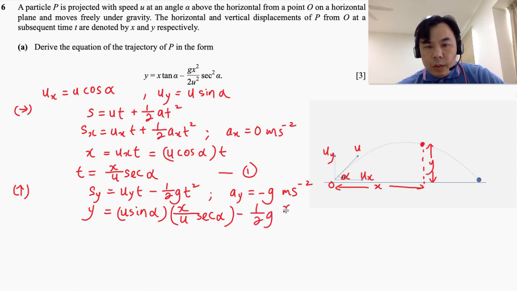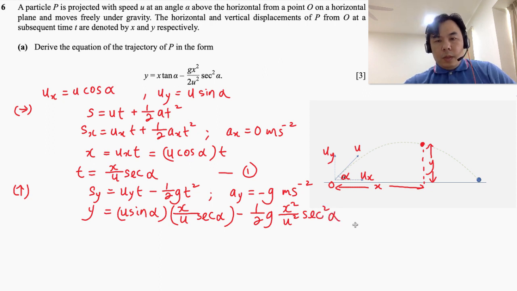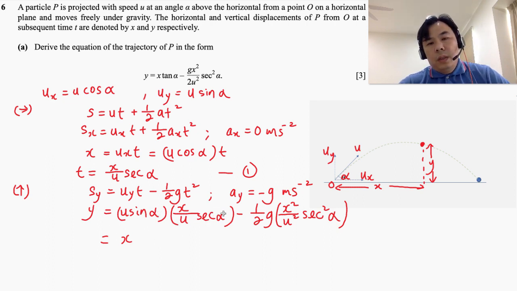Okay, so this one will be secant alpha. And then from here, you get x square over u square secant square. By simplifying this, we will get x. Now sine alpha over secant alpha is actually sine over cos.